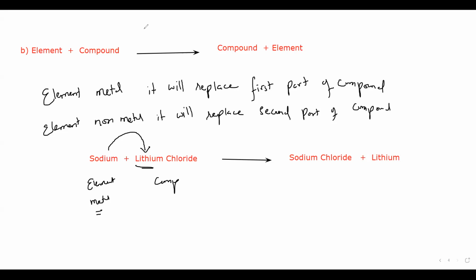And if the element which is reacting is a non-metal, for example, chlorine reacting with potassium bromide.